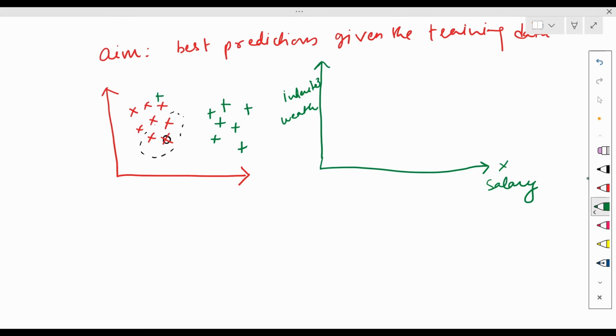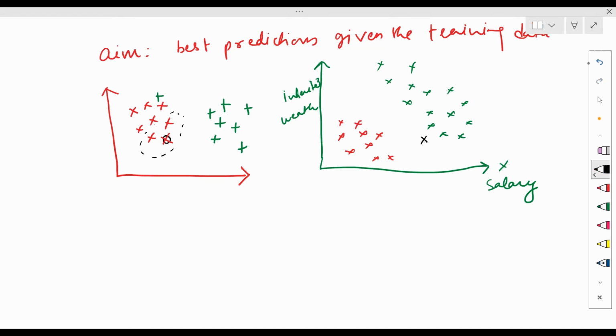We know that as salary or inherited wealth increases, there are more chances that the person may buy a house in the upcoming year. But if the salary of the person is low and the inherited wealth is also less, then that person is not likely to buy a house in the upcoming year.